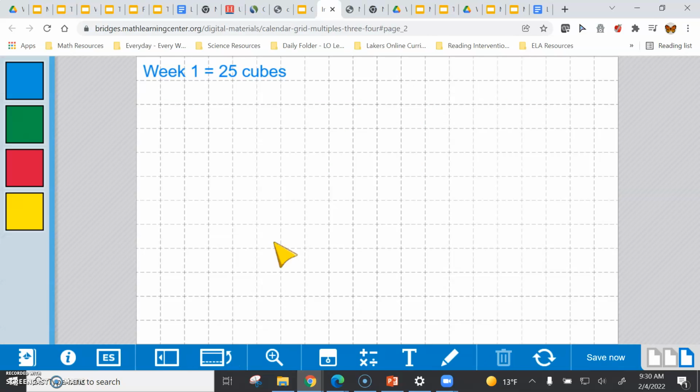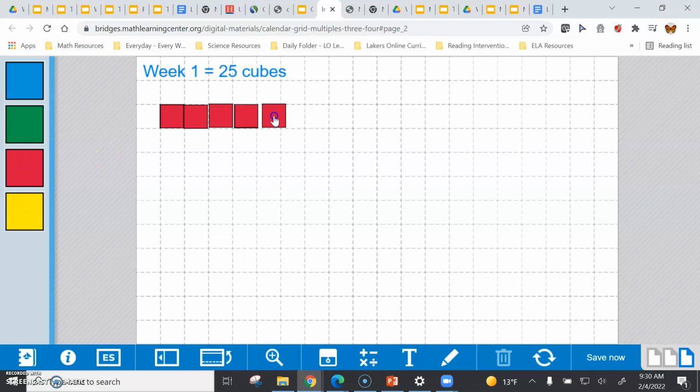What we're going to focus on now, we're going to do a little math. You know I love math. We're going to add 3 numbers together now. I'm going to challenge you. So I'm going to put in some cubes. This is also where we're keeping track of our cubes for the week, so don't confuse those.